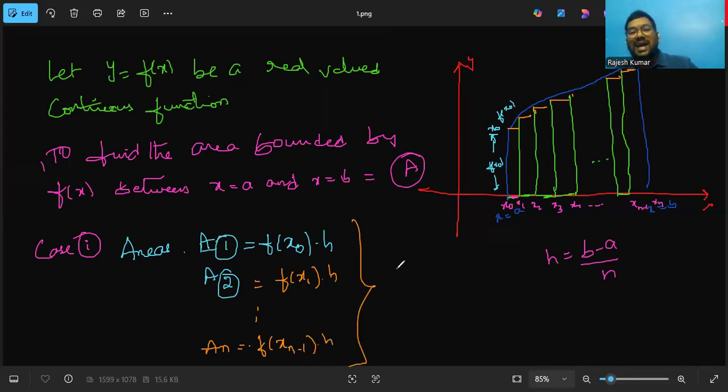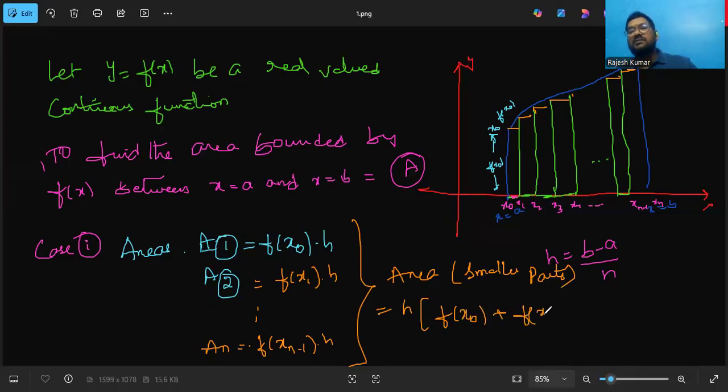Sum up, add it. So the area is equal to, here I'm writing smaller parts. I'll say why I wrote smaller parts. If I take h common, it is h into f of x naught plus f of x1 plus f of x2 and so on, up to f of xn minus 1. Let it be equation 1 for a while.